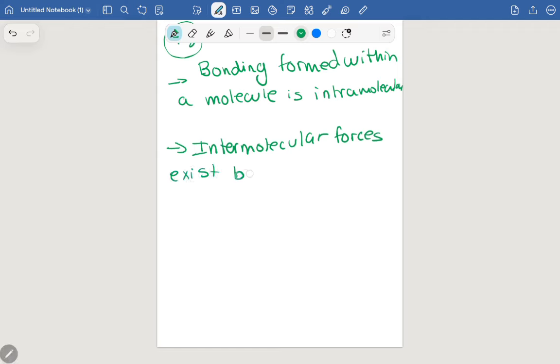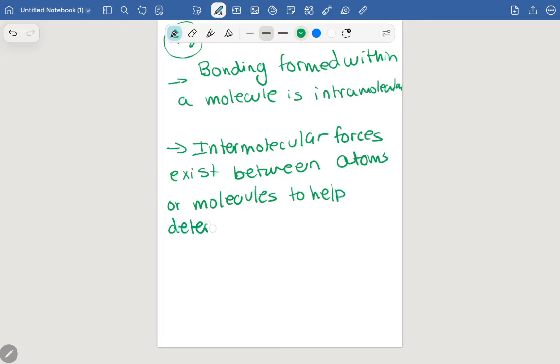Notice it's not in molecules, it's between atoms or molecules, to help determine a state of matter and allow atoms to move in a certain way.